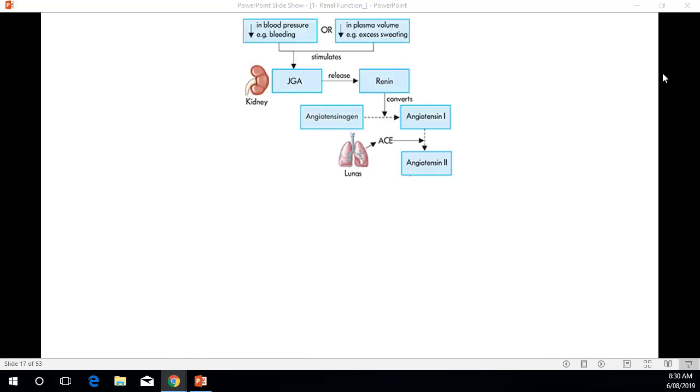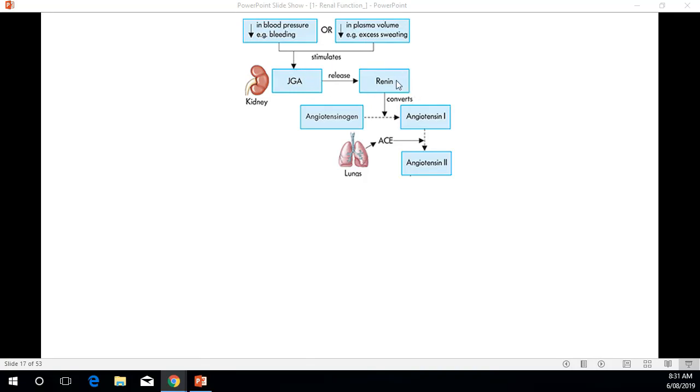Now, let's put everything together. The juxtaglomerular apparatus, remember the special cells? If there is a decrease in blood pressure, for example, somebody had an accident and lost a lot of blood, pressure will drop. Or if there is a decrease in blood volume, it will stimulate these juxtaglomerular cells.